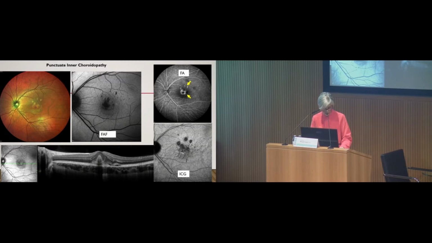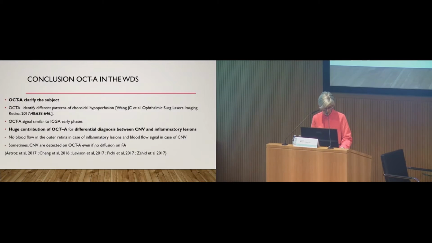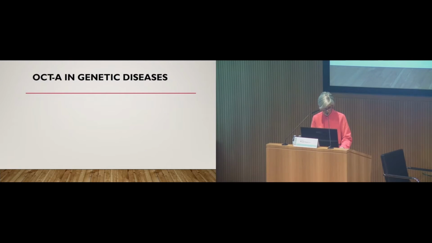And here again, OCTA brings a huge contribution, showing the blood flow signal only in case of CNV, like here. So in conclusion, OCTA clarifies the subject and helps at detecting the CNV.